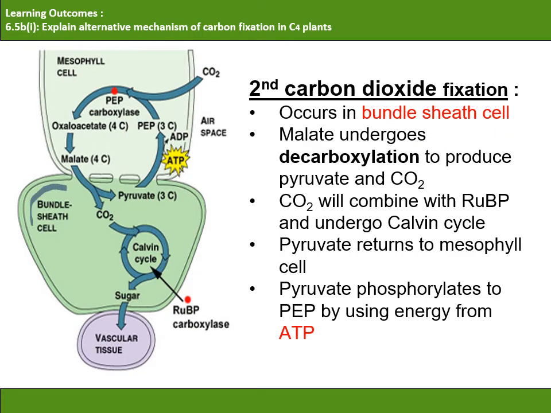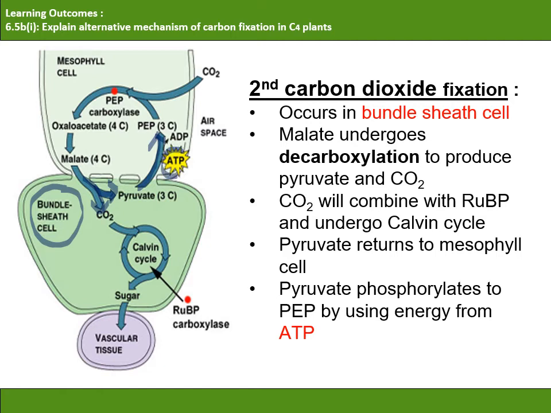In the bundle sheath cell, the second carbon dioxide fixation occurs. Malate undergoes decarboxylation to produce pyruvate and carbon dioxide. Then pyruvate will return to the mesophyll cell where it is phosphorylated by ATP.